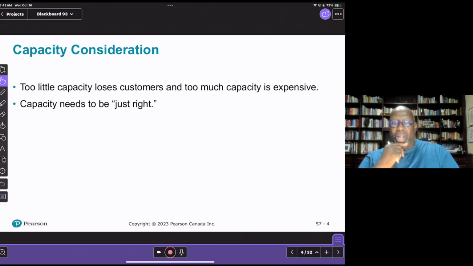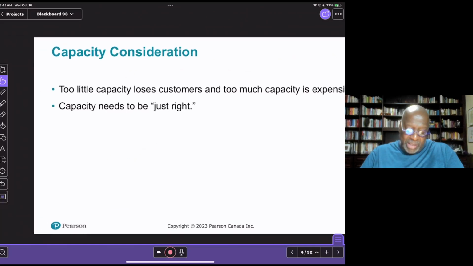That's expensive, and so having too much capacity can actually not be advantageous to you. But of course, if you cannot keep up with the demand for the product that you're offering, then that is a problem. All right. So we need to make sure that capacity is just right.